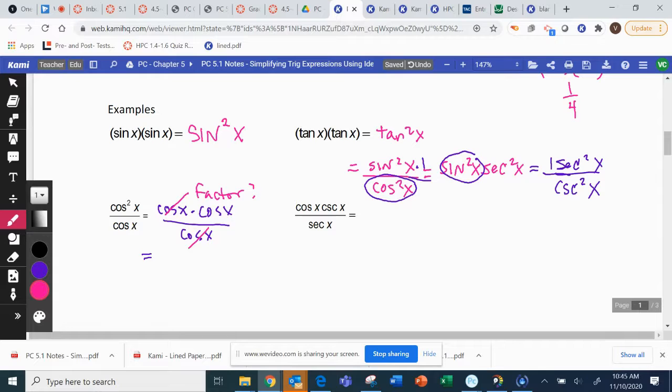If you can factor it out, then you can cancel it. So because I could factor the cosine out of the cosine squared on the top, that's why I could cancel it with a cosine in the bottom. So this is equal to cosine x. It's also equal to 1 over secant x.